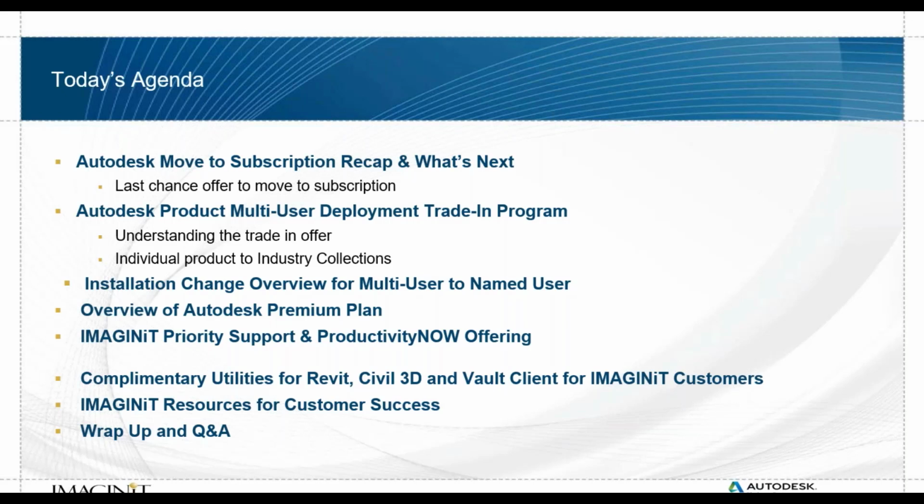So for customers who are currently on a network or multi-user license, they'll have the opportunity to move over to subscription, and we'll tell you more about that in just a few minutes. And it's called the trade-in offer. So this is a really good time for customers like you to really take a look at future business needs and see how you can move into a collection as you trade into that named user environment.